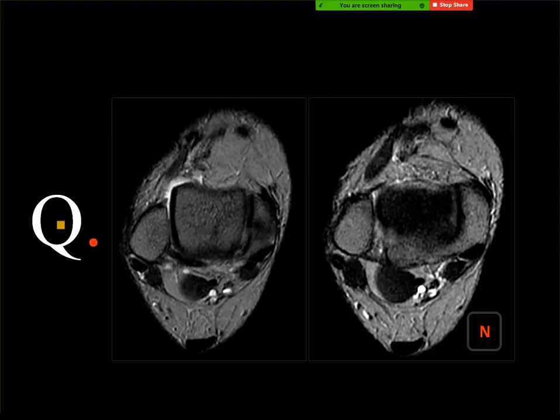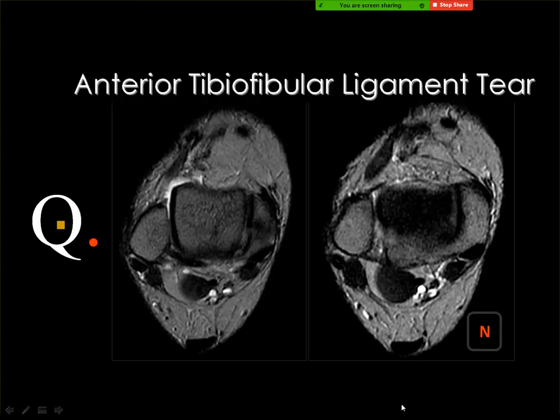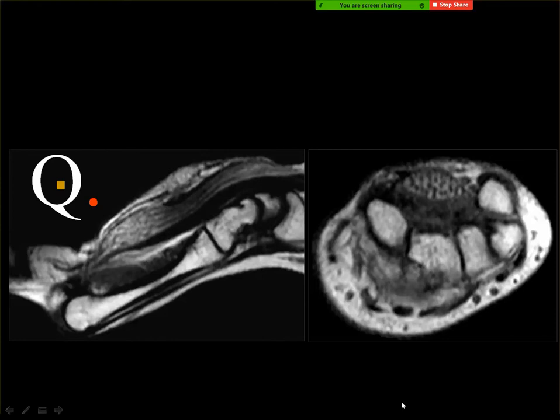Yes, this is the anterior tibiofibular ligament, which is commonly torn in the ankle joint. This is the normal ligament, and the two important signs of ligamentous rupture are the absence of the ligament and the fluid signal at its site. This is torn tibiofibular ligament.